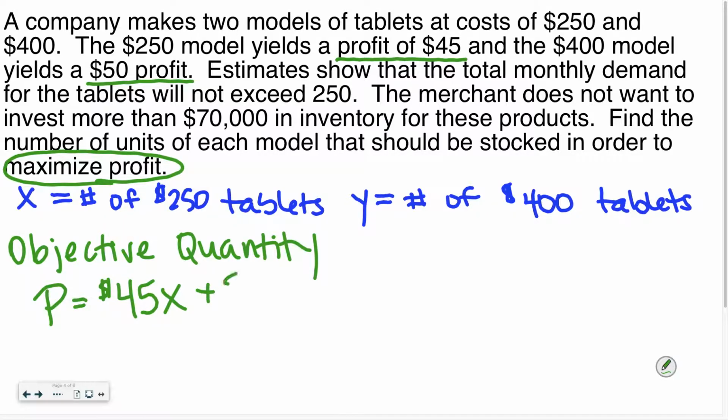So plus 50Y would describe the profit that we're getting from each $400 tablet. Okay? Do we graph the objective quantity? That is never something that we did. We write it at the beginning and we save it for the end. Okay? So let's write our constraints.